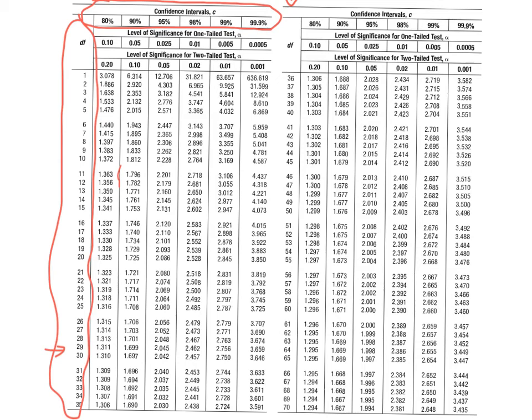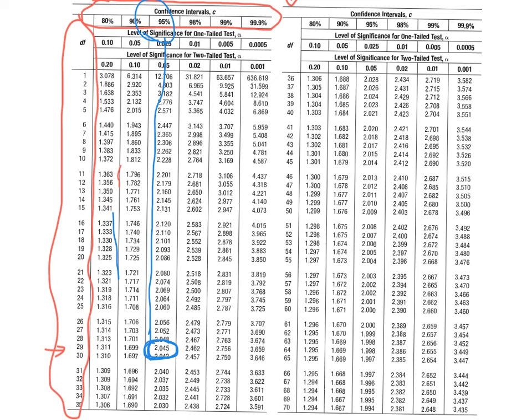And what we notice here is that for 95% and 29 degrees of freedom, the t-value for the 95% confidence level is 2.045, and this effectively gets entered into our confidence interval equation.